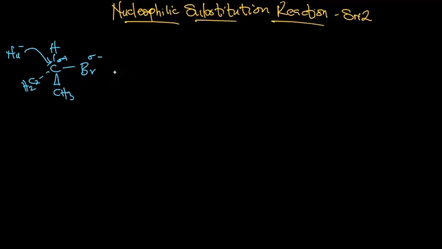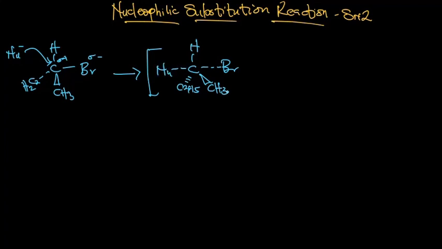Now, if this happens, we are going to have an intermediate state of the reaction where we have carbon bonded to the hydrogen, and we have the C2H5 and then the CH3. Now, in this state, we are going to have the Br going out, and we are also going to have the nucleophile coming in. The whole transition state will have a net negative charge.